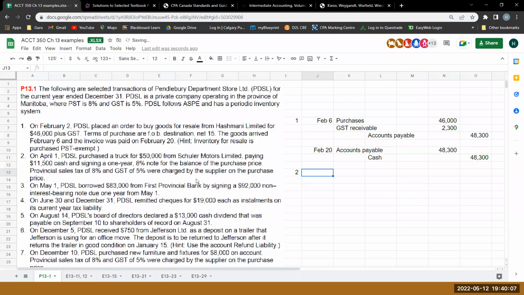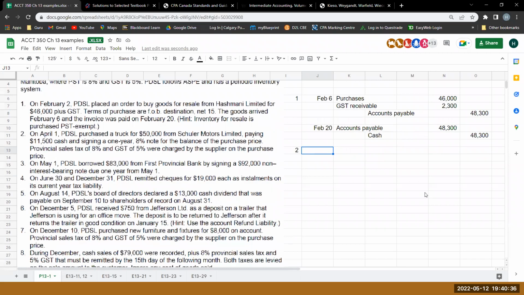For transaction number 2, April 1st, the company bought a truck for $50,000 from Schuler Motors, paying $11,500 in cash and signing a 1-year 8% note for the balance of the purchase price. The provincial sales tax is 8% and GST of 5% were charged by the supplier on the purchase price.